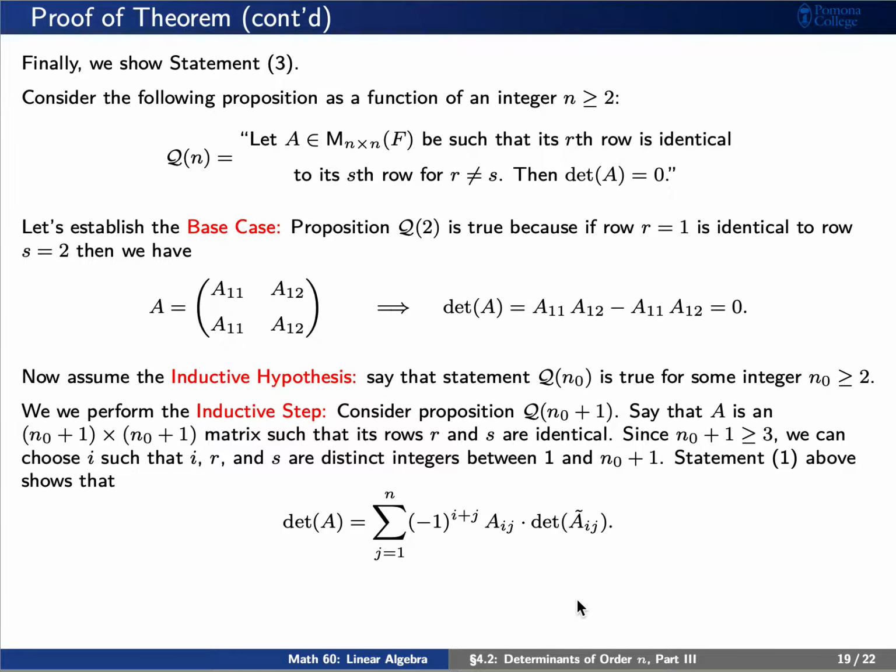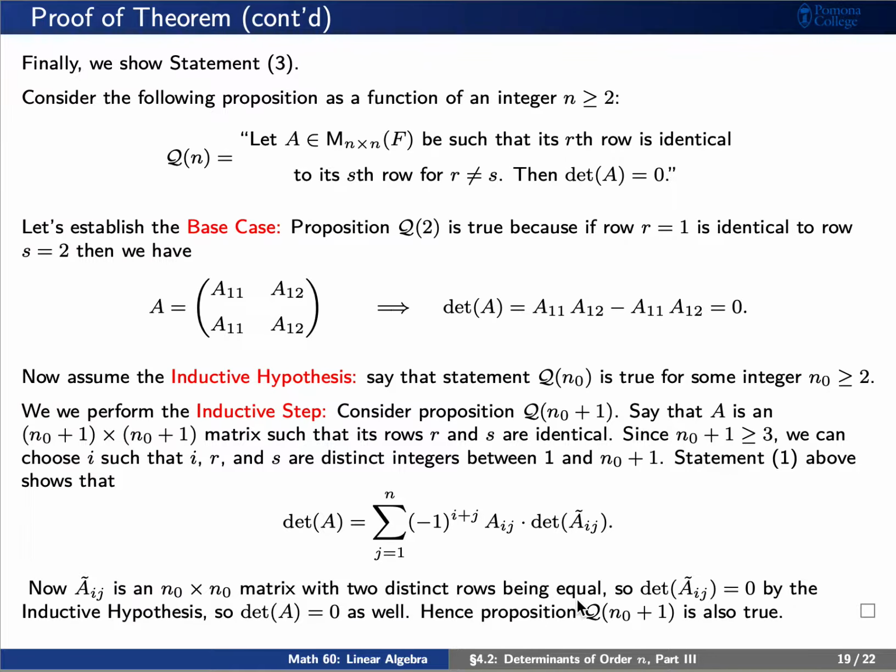In this case, we'll now consider an expansion along row i of our determinant. But now the matrix A_ij tilde is a smaller matrix that has two distinct rows being equal, so by the inductive hypothesis, the determinant of A_ij tilde must be 0. But then this shows now, by looking at the sum, that the determinant of A is 0 as well. Hence, proposition n0 plus 1 must also be true.